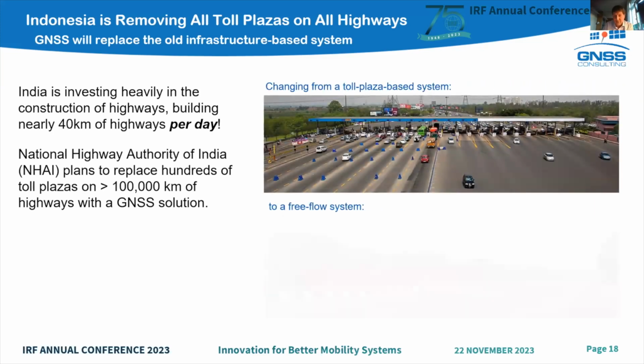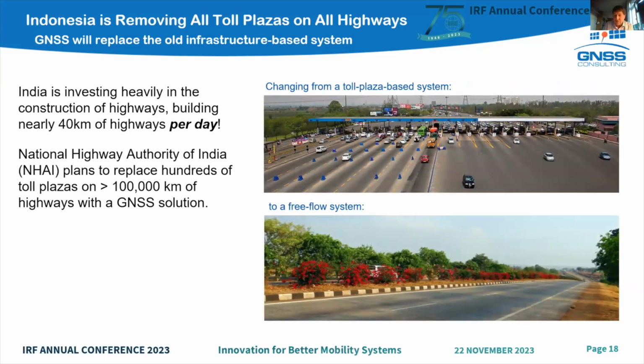That means they're going to move from this big mess here to a very nice, clean road with no need to stop. All that real estate you see on the top, that huge toll plaza, will be gone. You could use that space for rest stations, restaurants, refreshments, whatever. Think of the opportunities you can have by removing those toll plazas.